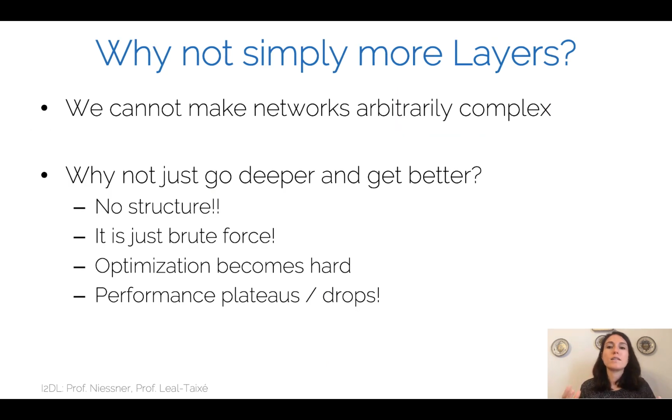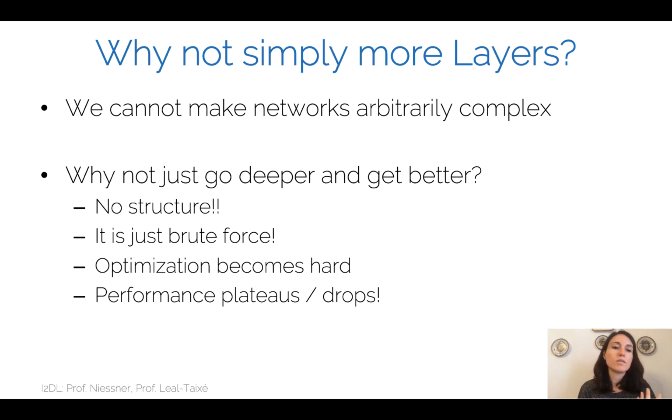So now the question is, how can we proceed further? We have our multi-layer perceptron, we know how to train it, we know the elements inside our neural network. So what other steps can we take to improve performance, for example, on image classification? Why not just create deeper and better networks? We have batch normalization, we can create really huge networks. Is that really the way to go?